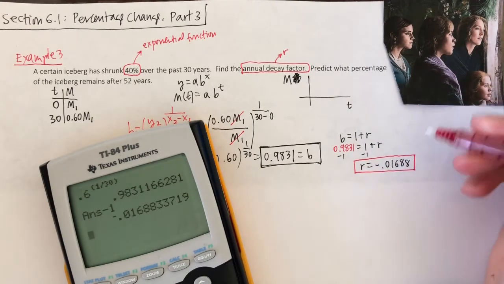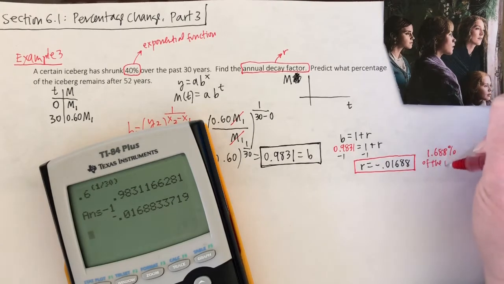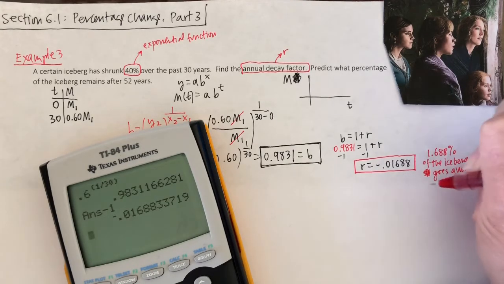And if we wrote this as a percentage, it means 1.69% of the iceberg melts every year.